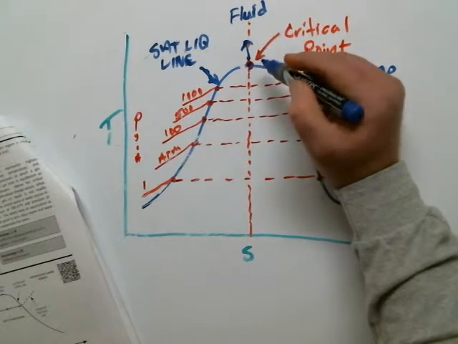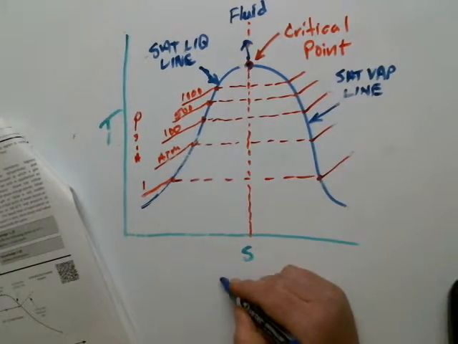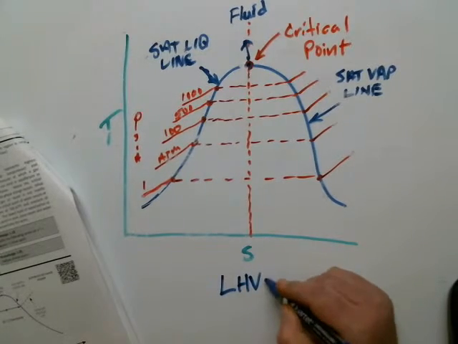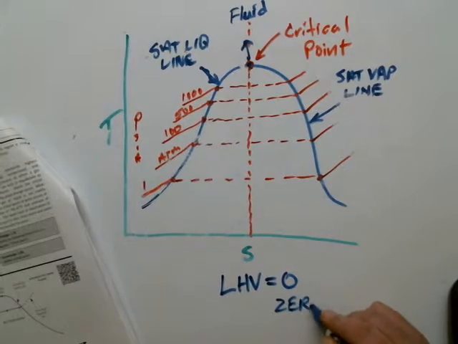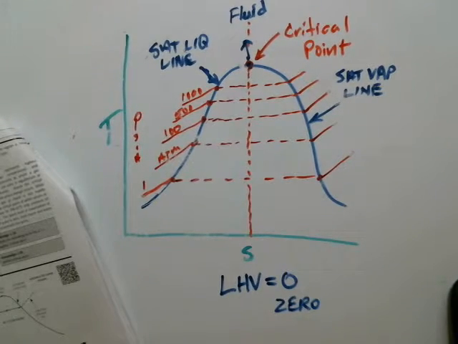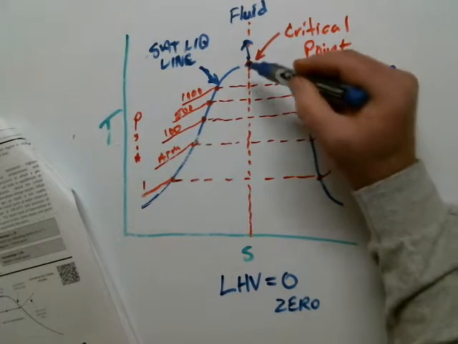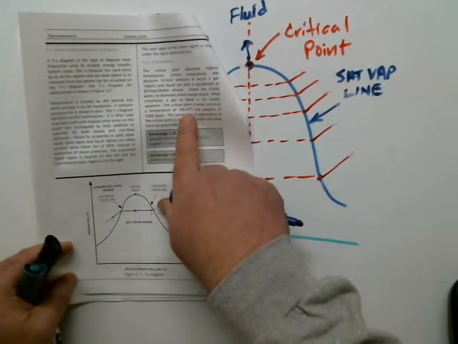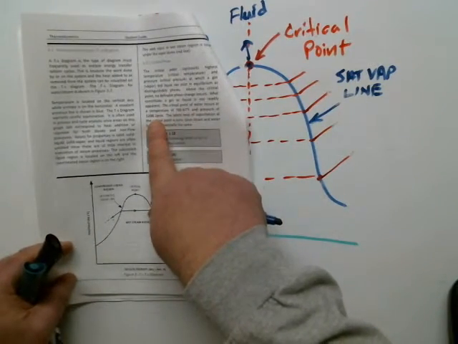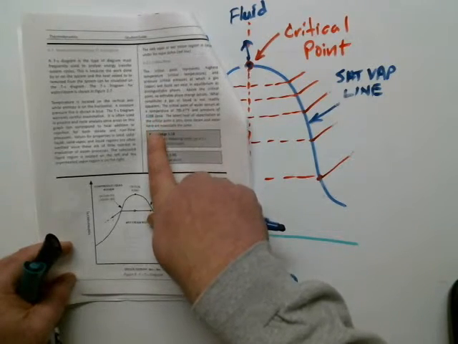When I get to the critical point, very important, latent heat of vaporization equals 0. There's no line, there's just a point. This occurs at a very high temperature and pressure. If you're looking, 705 degrees and 3,208 pounds absolute.